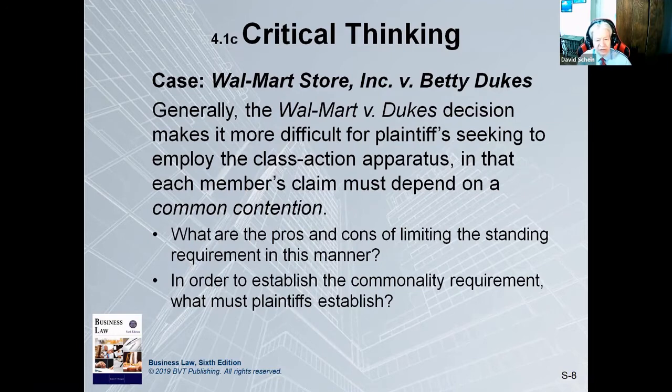Also, they said that because the particular claims were so different, that it would be very difficult to administer this case as a class action. Unlike everybody that took a particular medicine had a particular side effect, that's a little bit easier to figure what can we do for each individual.